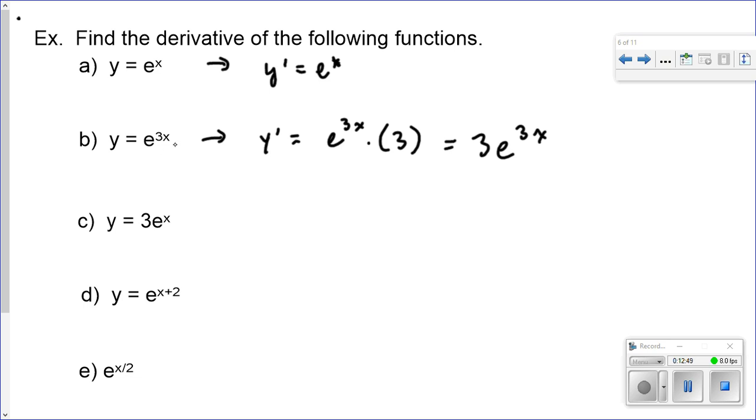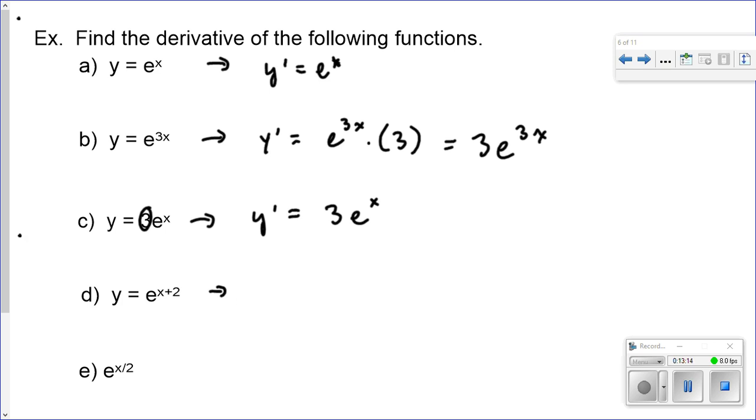If it's e to another function, the derivative is e to that function multiplied by the derivative of the function. Now, my 3 is a constant, so my y prime is still the derivative of my original function, e to the x, multiplied by 3.